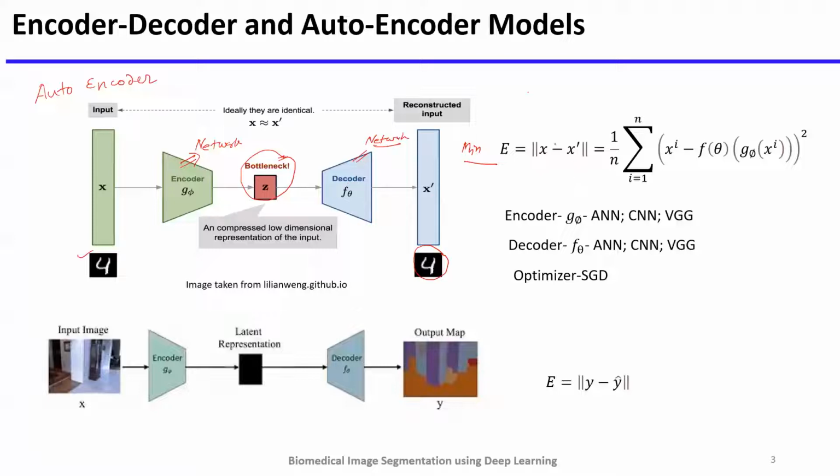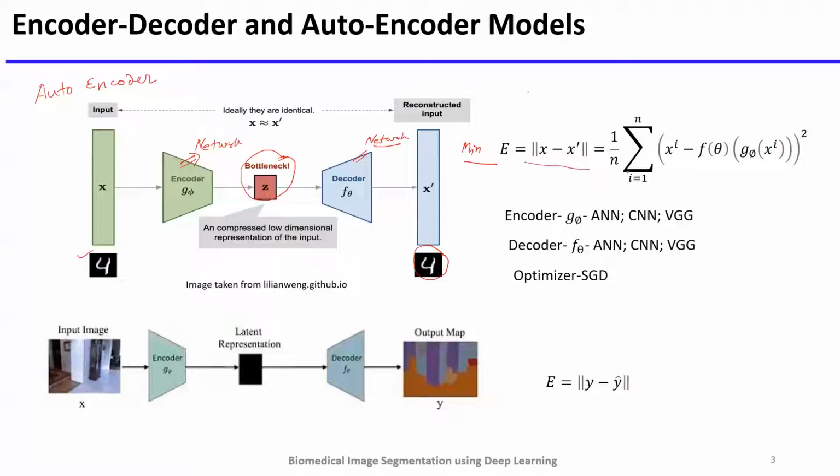We want to minimize this error, and at the same time we have to be careful that it is not an identity mapping, just passing x to x exactly. We have to control it so that the encoder representation we get is able to represent a new feature which is exactly or closer to this x.